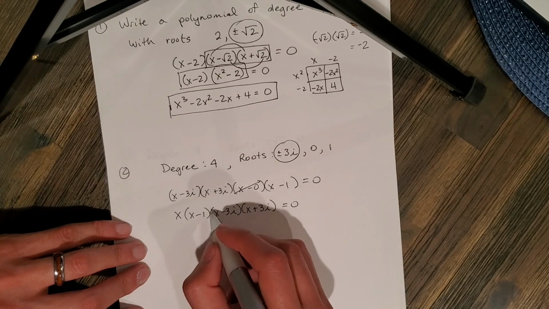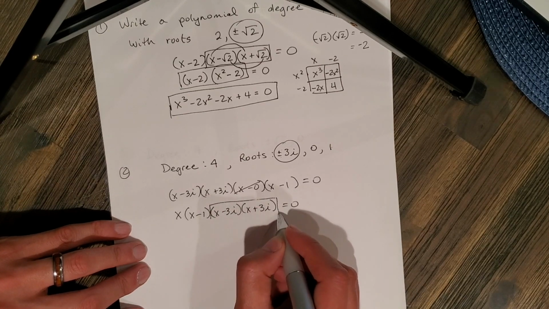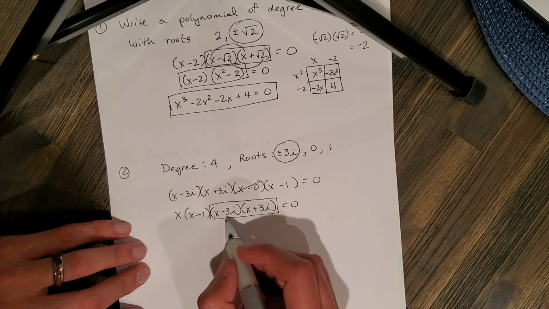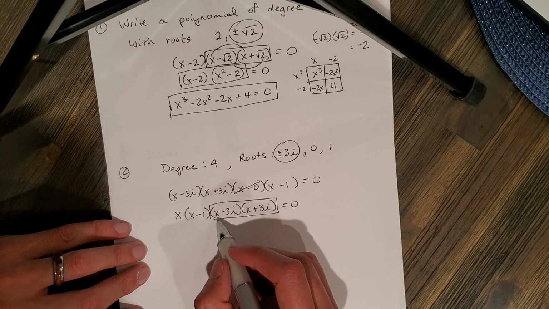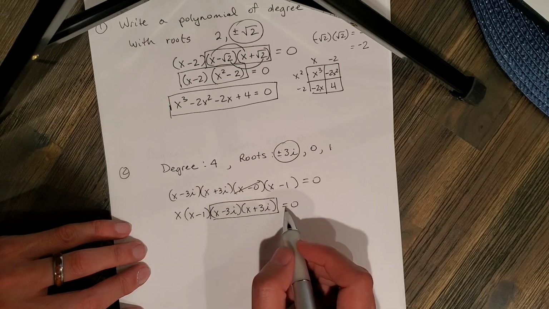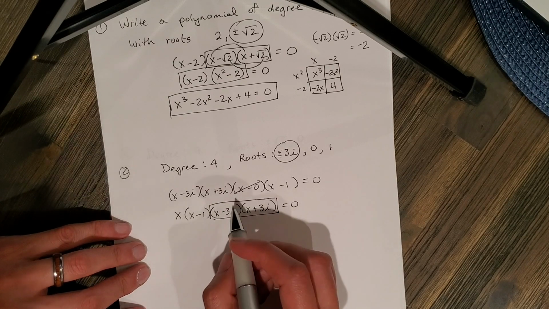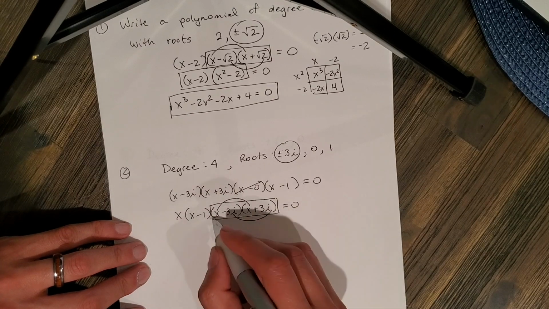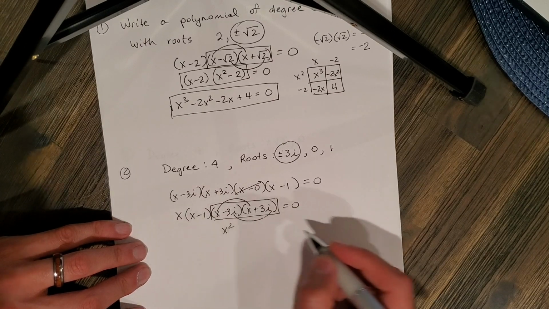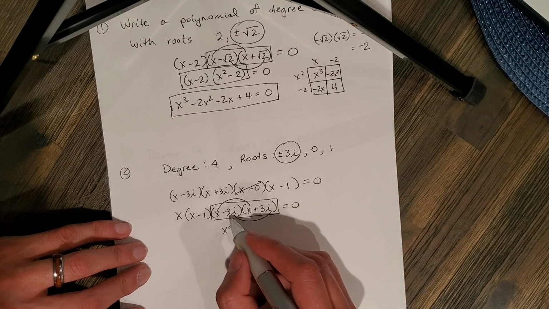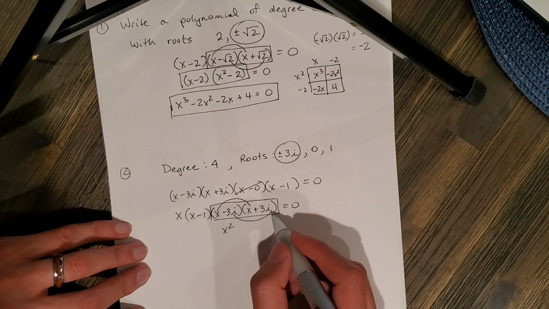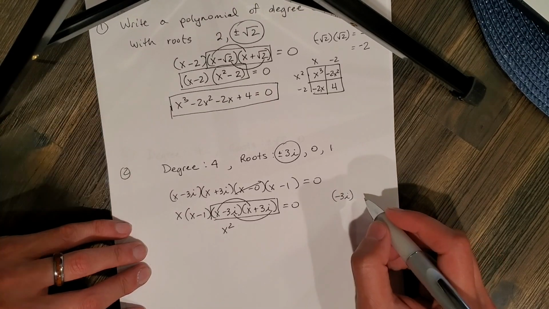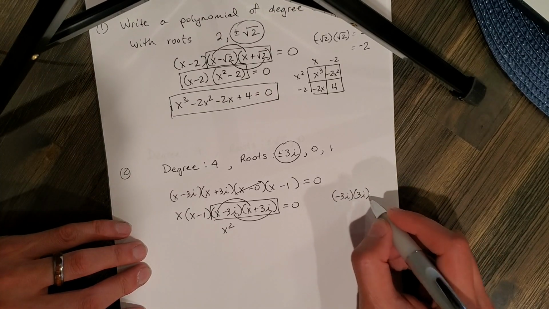Okay? So what I'm going to do is I'm going to multiply these two together. These are called complex conjugates. Conjugates is when you have, like what we have here, x minus 3i and x plus 3i. Okay? And so let's go ahead and multiply it like this, just the first and the last. So x times x is x squared. And then here, notice here I have negative 3i times positive 3i.